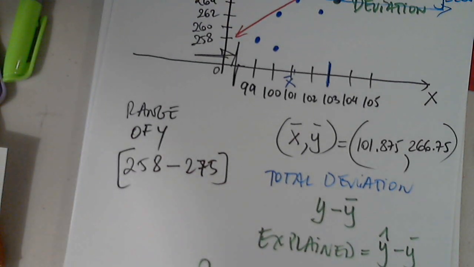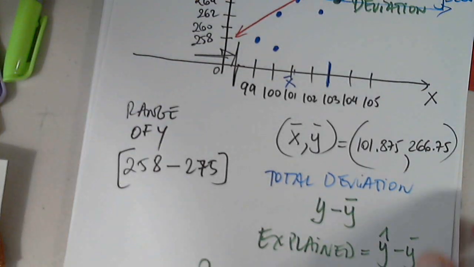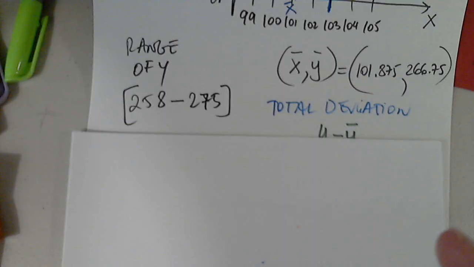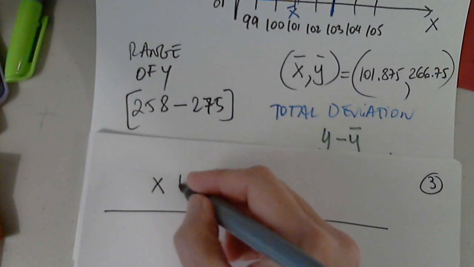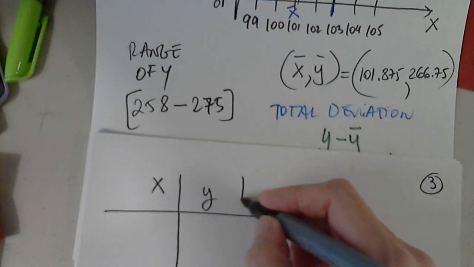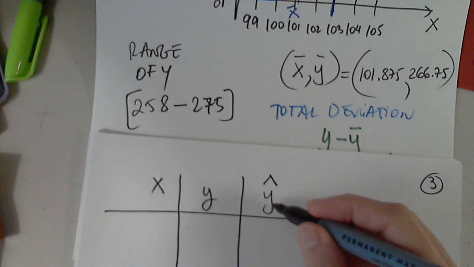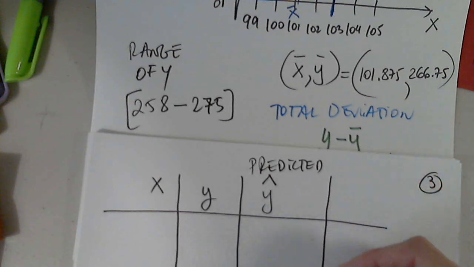Okay, finally my next step, get your calculators again, and let's calculate all the errors. And now I'm going to create another table for you, so we can continue. So we can put everything in the table. Okay. So here we have x. Here we have y. Here we have the predicted through the linear regression line.